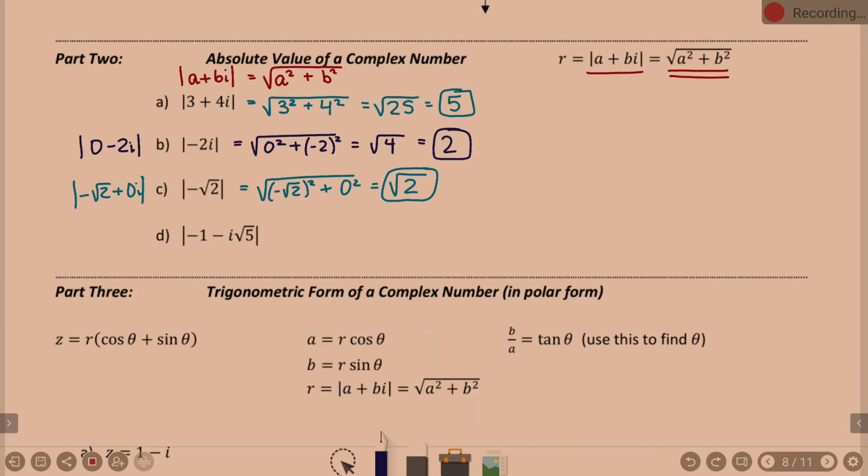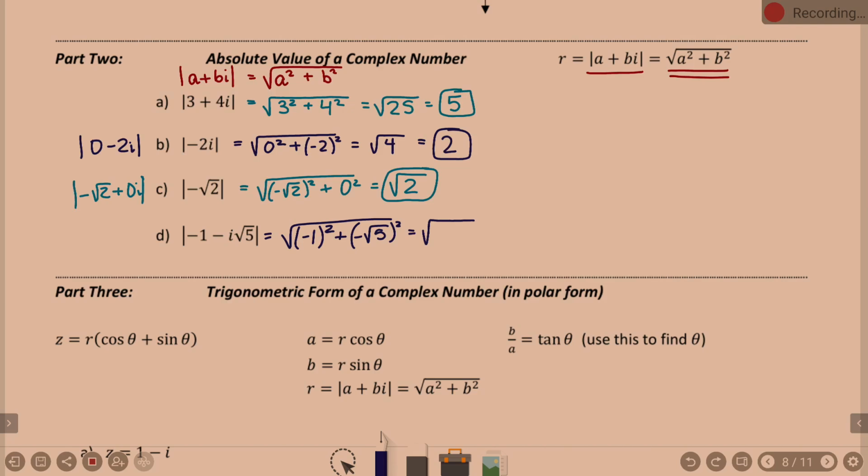And D. Absolute value of negative 1 minus i square root of 5. Okay? Square root of, what's a? Negative 1, quantity squared, plus, what's b? The negative square root of 5. Pretty much everything but the i, right? So negative square root of 5, quantity squared.